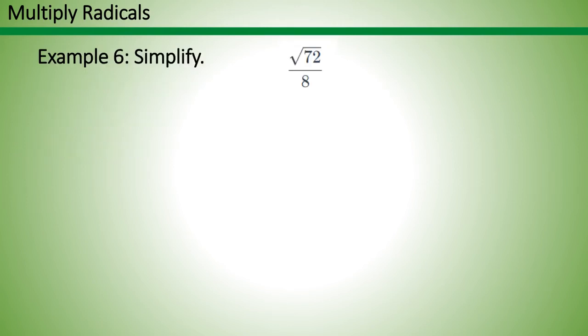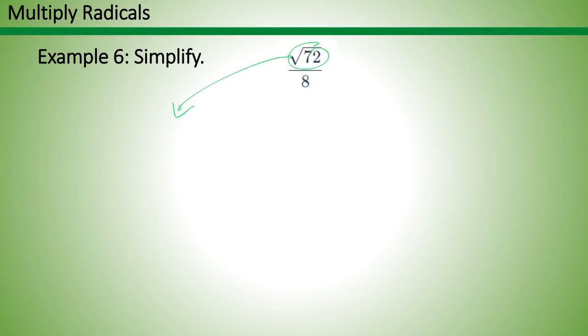First example here, these two things, root 72 and root 8, cannot be divided because this is outside of the radical and this is inside of the radical. So I need to simplify root 72.